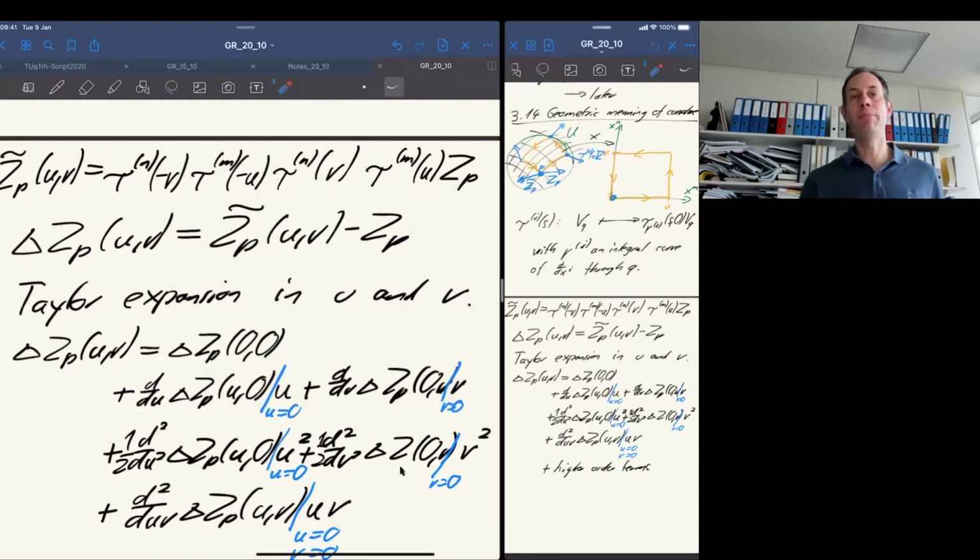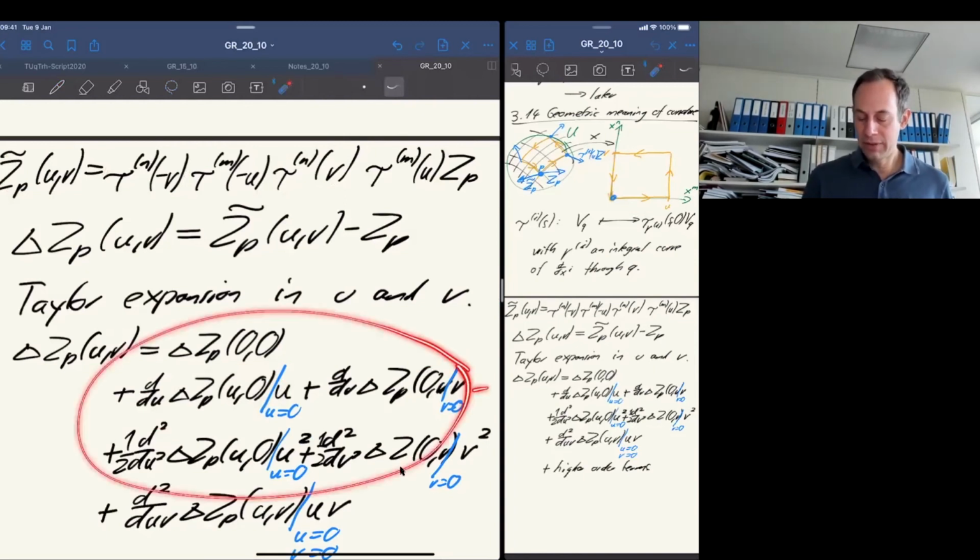That was also a property, by the way, of the parallel transport, that parallel transport is composable. And of course, the composition of this curve with that curve just gives the trivial curve that starts at the same point where it ends. And in this case, I have the identity. And so the derivative of the identity just gives 0.